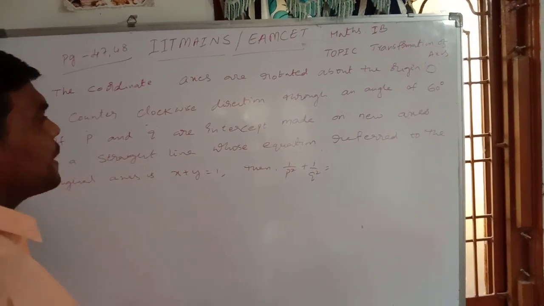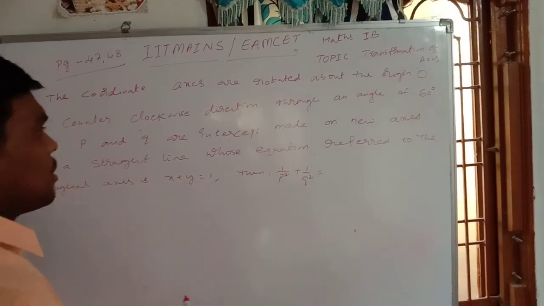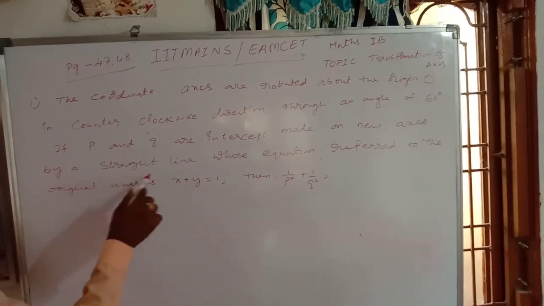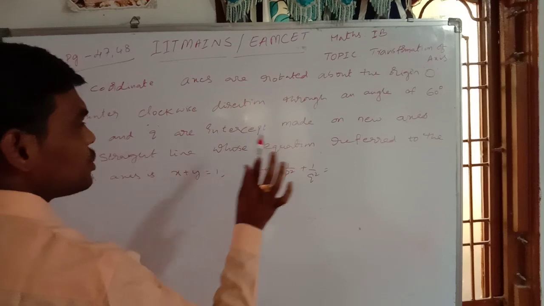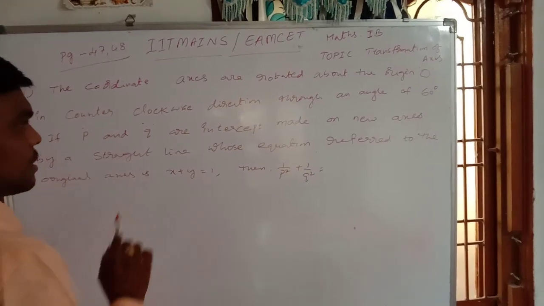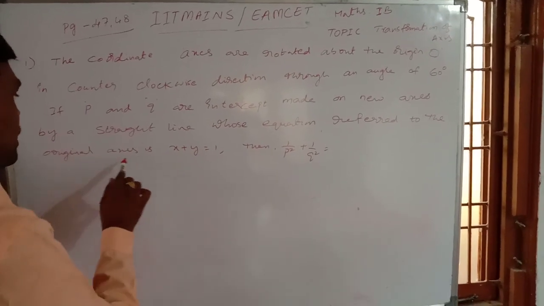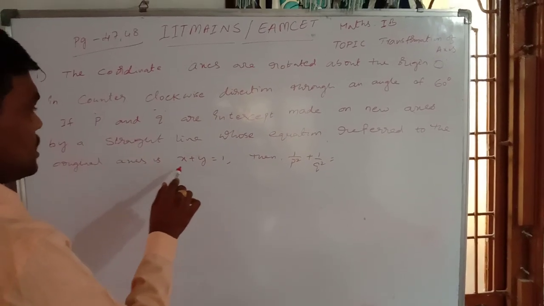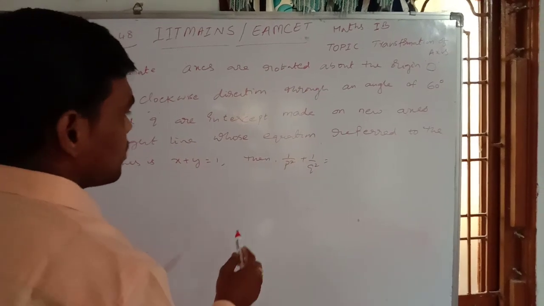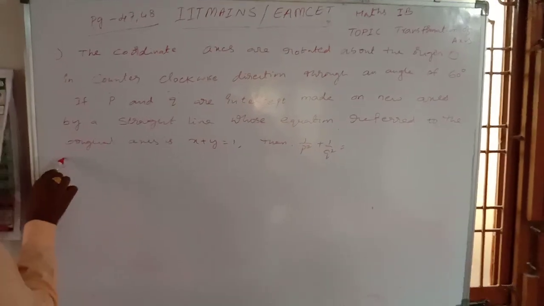If P and Q are the intercepts made by the new axes on a straight line whose equation referred to the original axes is x plus y is equal to 1, then find 1 by p square plus 1 by q square. Now start the solution.